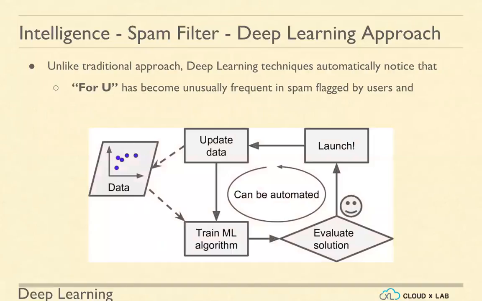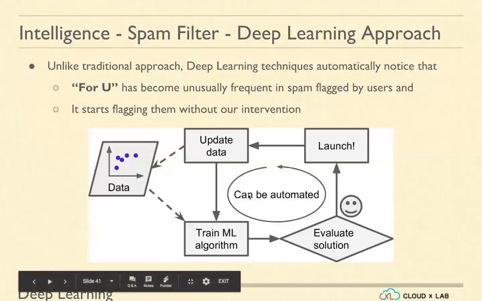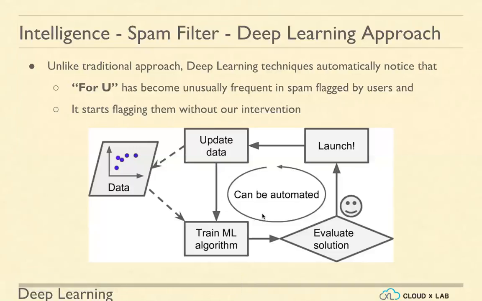The word "for you" has become unusually frequent in spam flagged by the users, right? So let's say it came up with "for you", and it starts flagging them without our intervention. So basically, the machine learning approach will keep on updating data and training the algorithm, and this portion of deploying and updating data could be automated. This is part of real-time machine learning.